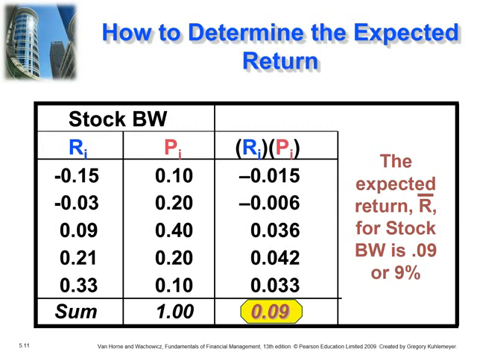In the third row, 0.09 by 0.4. In the fourth row, 0.21 by 0.2. In the last row, 0.33 by 0.1. Then I add all the results of the multiplication to get the output. It's equal to 0.09 or 9%.